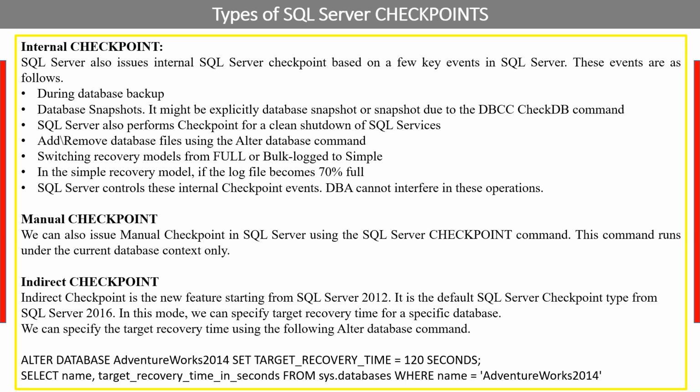That is possible from SQL Server 2012. Microsoft came up with a concept called indirect checkpoint. You can change the interval time for your database. I don't want to bother about the instance level, I am going to worry about my database level. You can go and change it, sir.